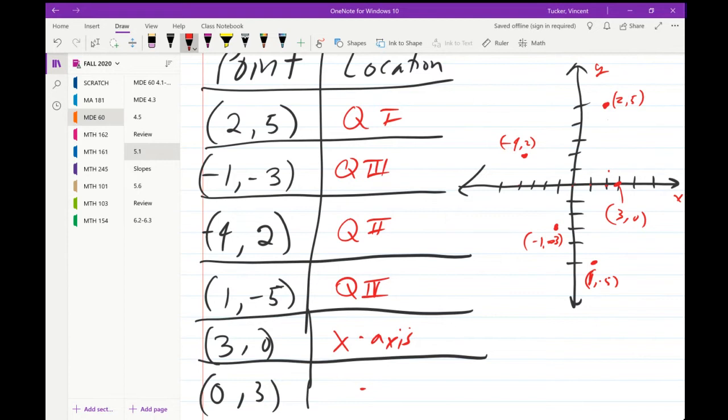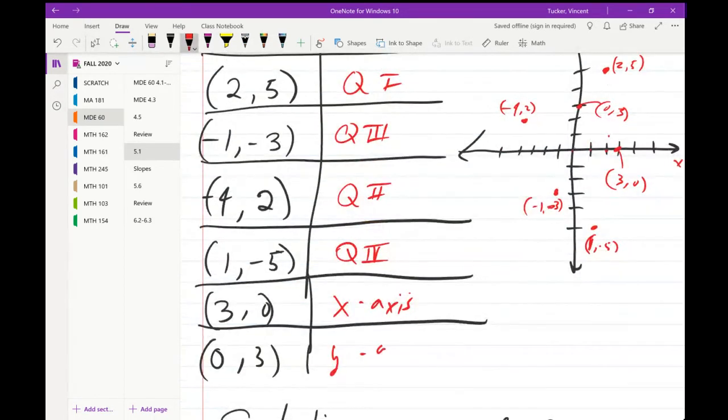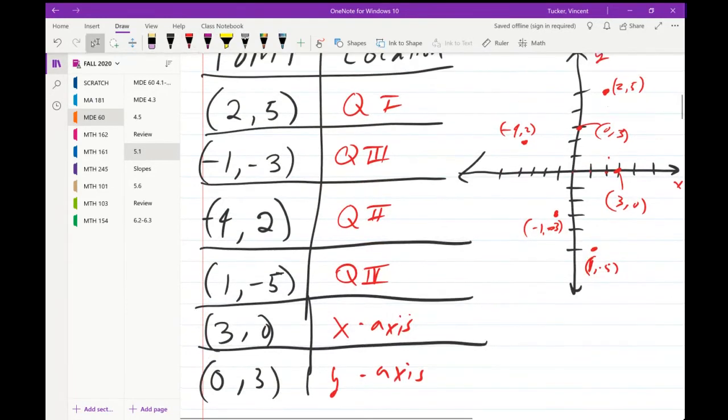And then for that last one, you would not move right or left, but then go up 3. And that will put you on the y-axis. All right. Any questions with graphing so far?